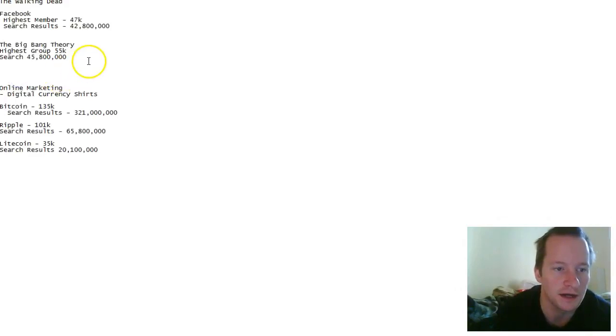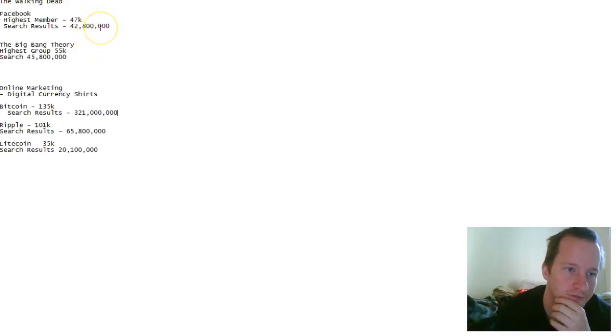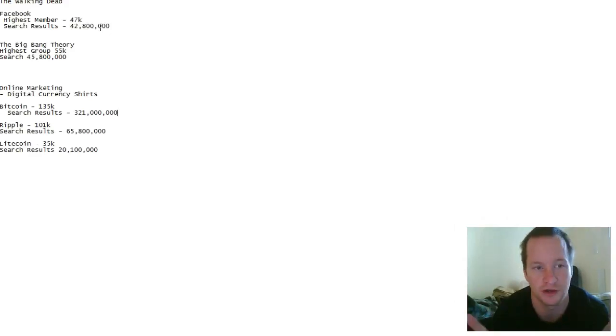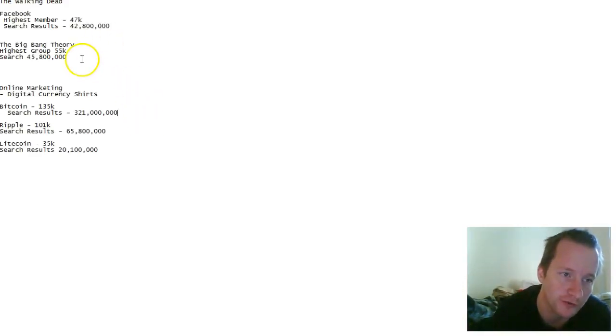And then I'm going to see. So Bitcoin wins as far as the top searches. Now, as far as TV goes, just for myself, if I was designing a shirt for me to wear, or if I was going to see which area people would actually wear the shirt, if people would wear a Walking Dead shirt and a Big Bang shirt compared to a digital currency shirt.